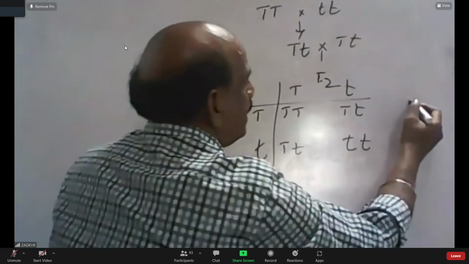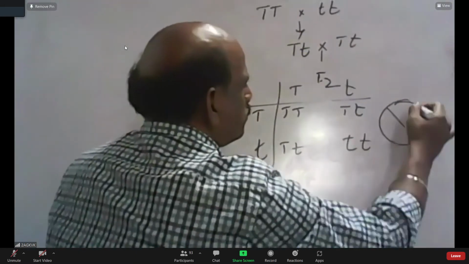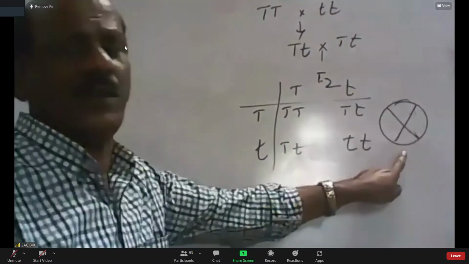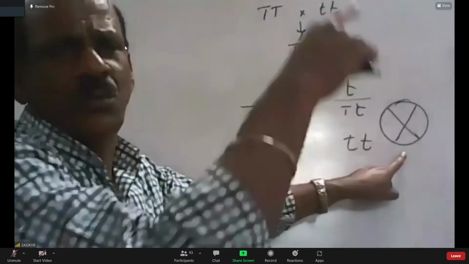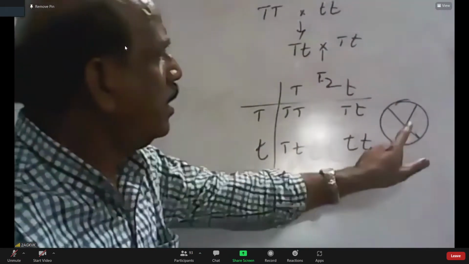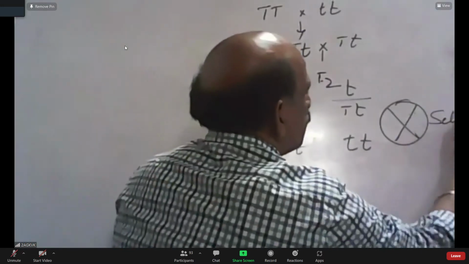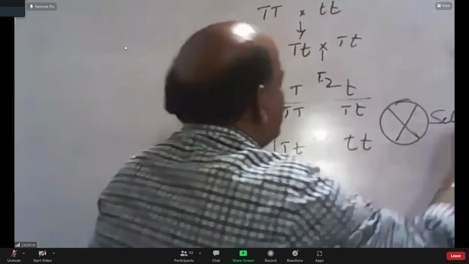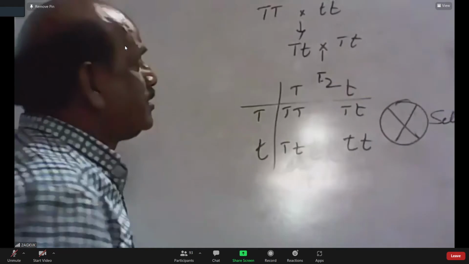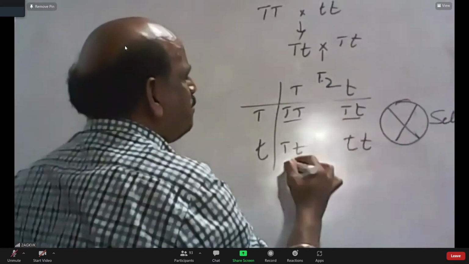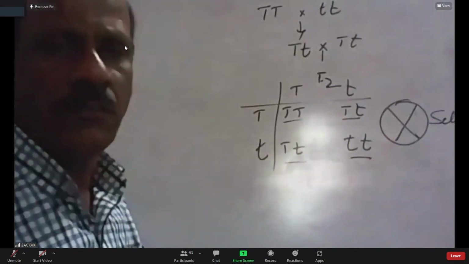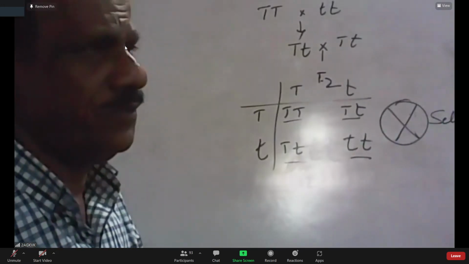So he selfed all of them. Now this is the symbol for selfing: a circle with a cross mark. Mendel selfed each and every individual of the F2.